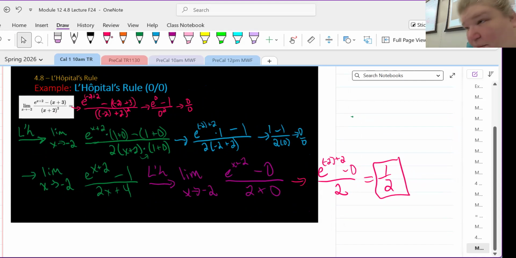But looking back at the original problem, we don't really have a way to do this otherwise. So what questions do y'all have on how this one shook out?